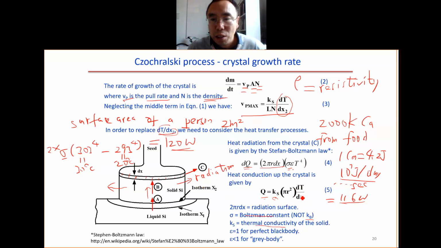So we have those two equations. From here you can move the dx to the left side, so you have dQ over dx. We should also do dQ over dx here as well. So we do the dQ over dx, and we see how much it becomes on the right side.